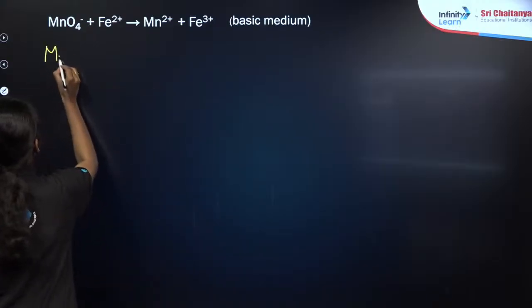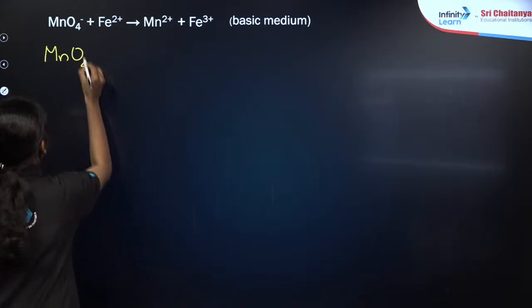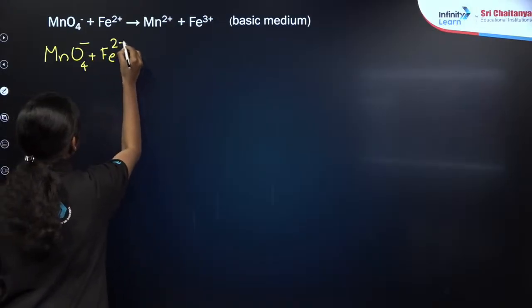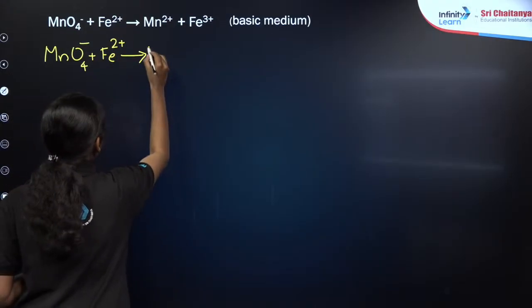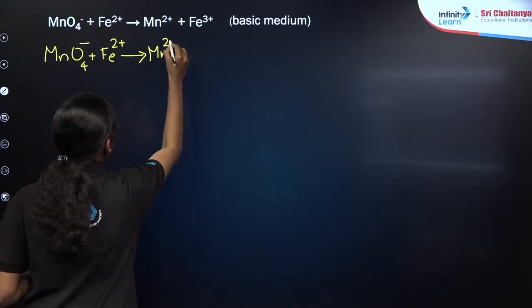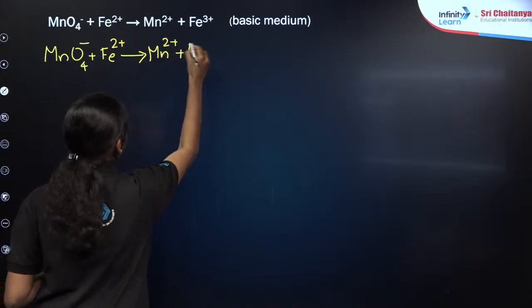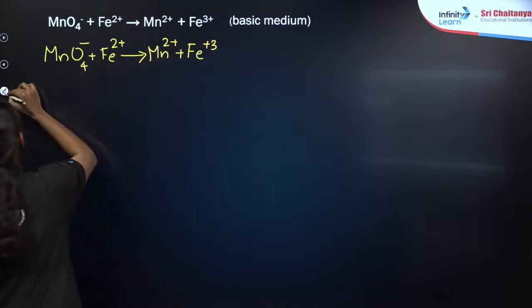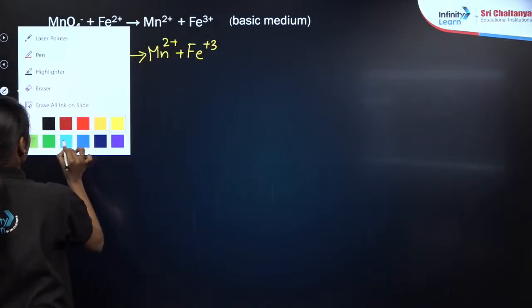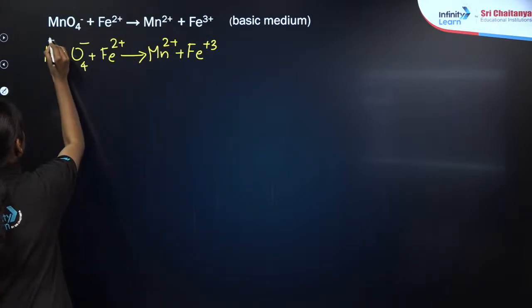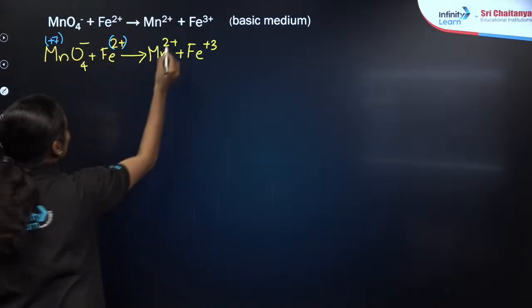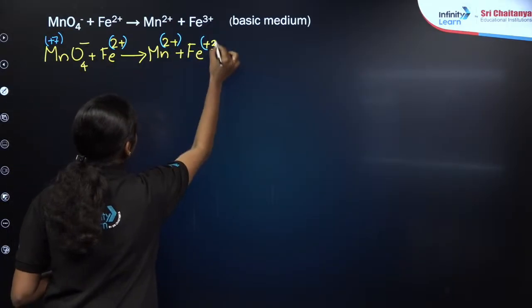So, I am writing here MnO4 minus plus Fe2 plus gives Mn2 plus and Fe3 plus. Here it is plus 7, then here it is plus 2, here it is plus 2, again plus 3.